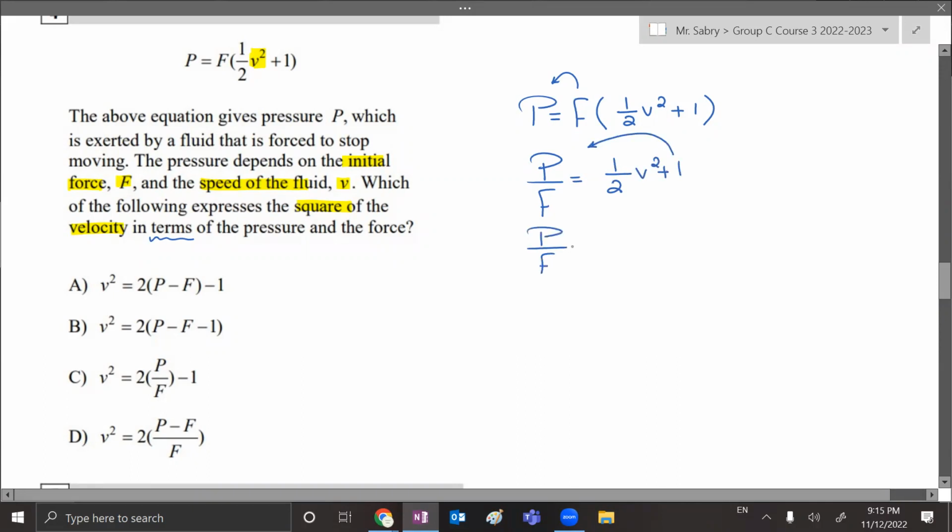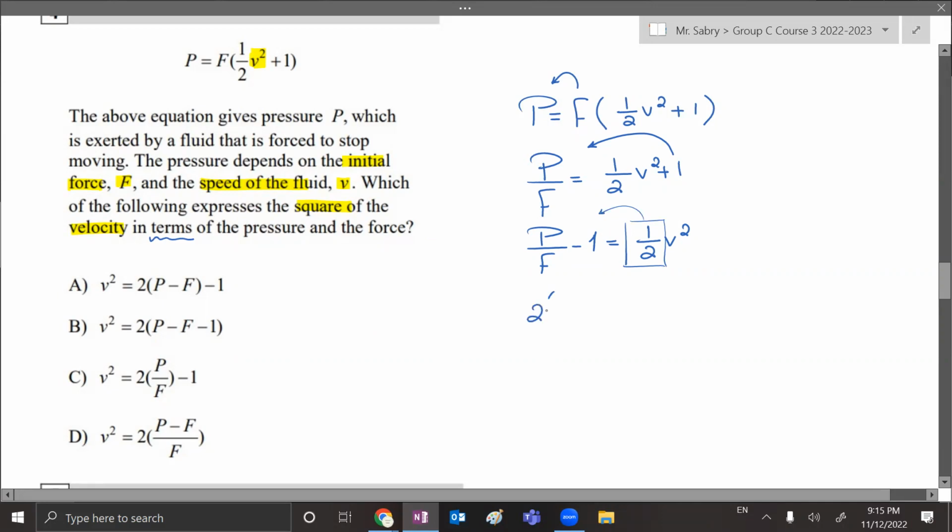So P over F minus 1 equals half V squared. But when you notice the choices, you can tell right away that there's no case where it's just P over F minus 1. They have them in one fraction. What does that mean? Now, let me try and show you. First, we need to move this half to the other side. So if you move it to the other side, it should go by multiplication as 2.